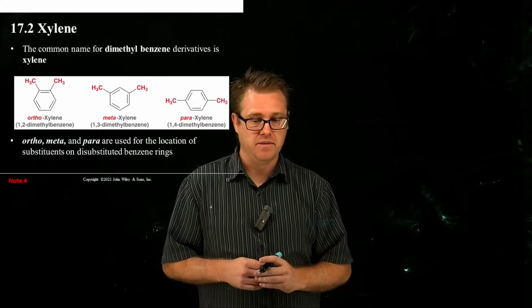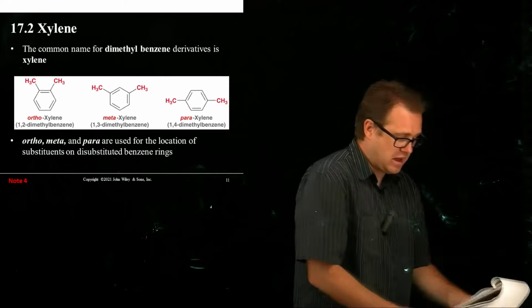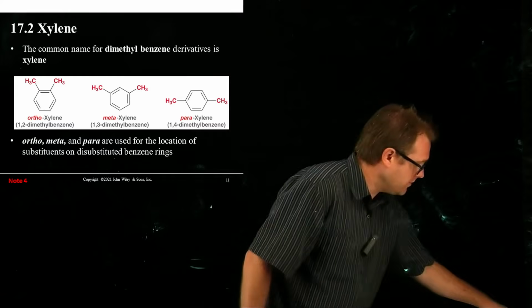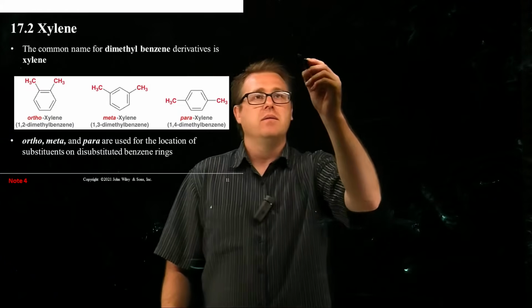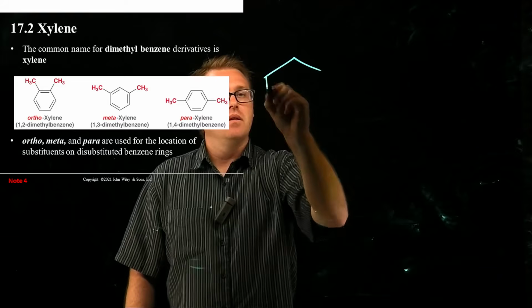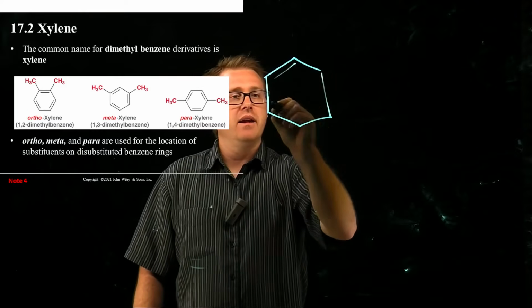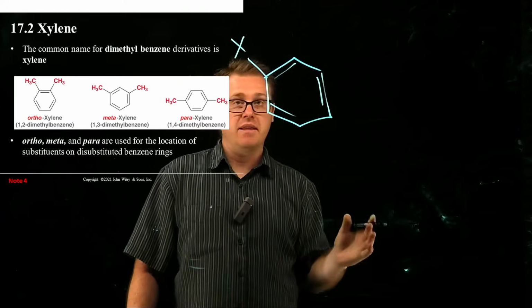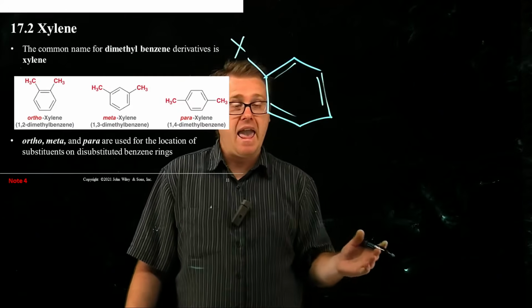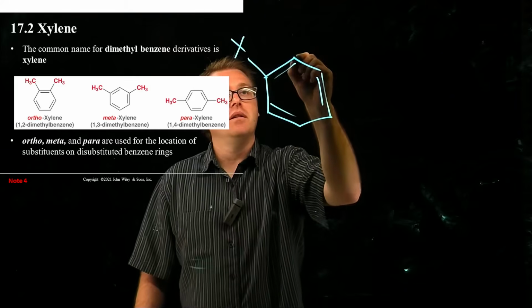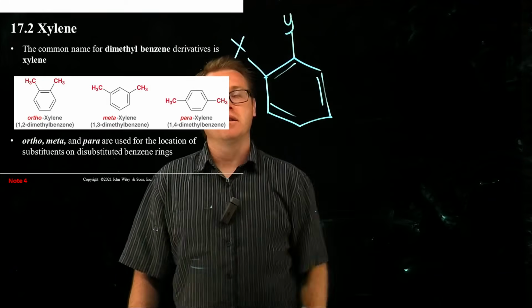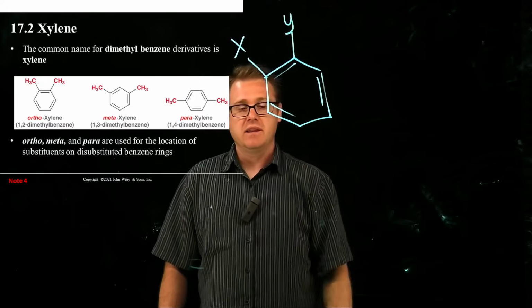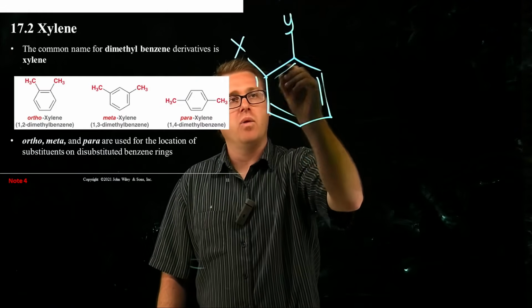And so what we can look at is generically, if you have a benzene ring here, and you have a substituent, and the substituent can be anything, and another substituent. Okay? So these 2 substituents, they are separated by 1, 2.